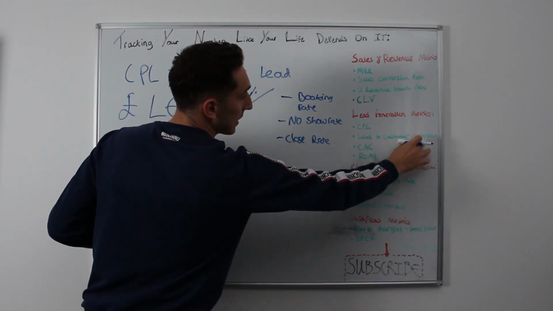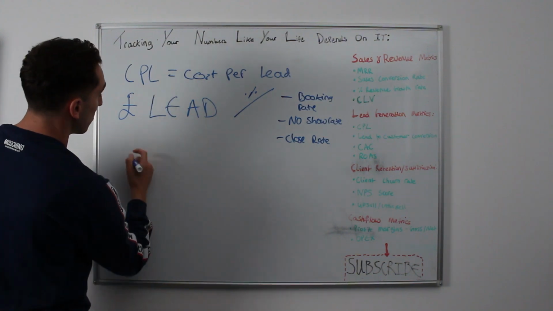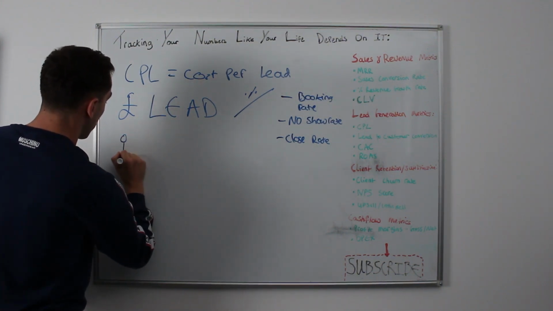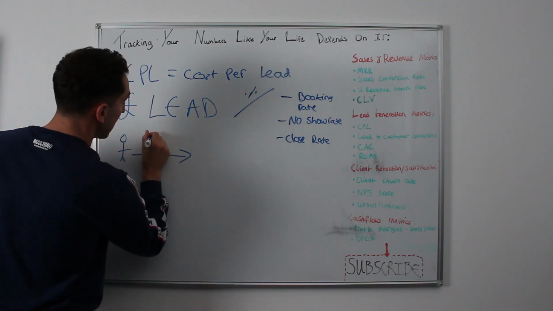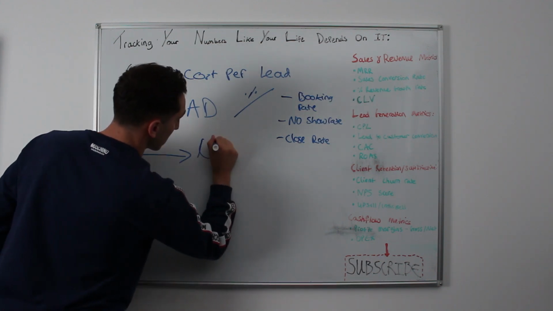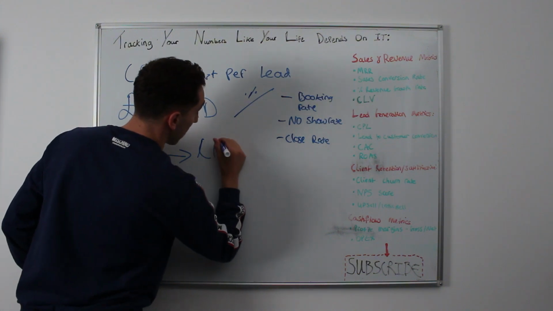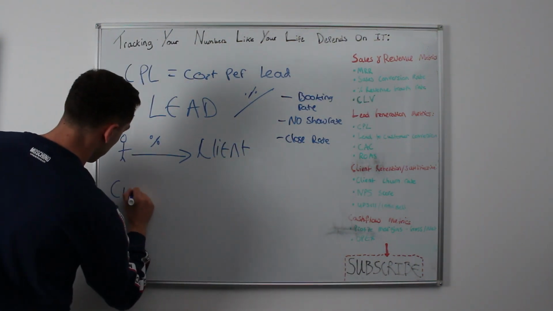Then we can look at lead to customer conversion. So essentially it is our close rate, but also looking at how that lead goes through a specific journey, and then we're essentially working out the percentage so that we can understand what it takes to make that lead a client. So then we've got customer acquisition cost.